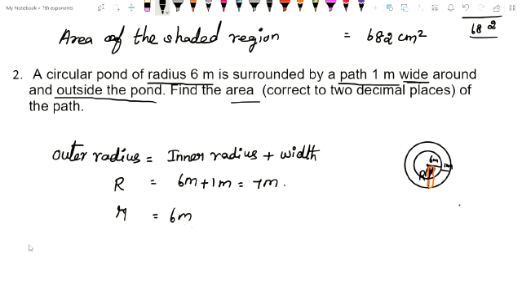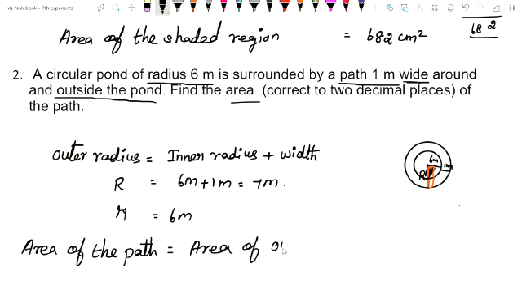Okay. So, now we are going to find the area of the path. Area of the path equals area of the outer circle minus area of the inner circle.